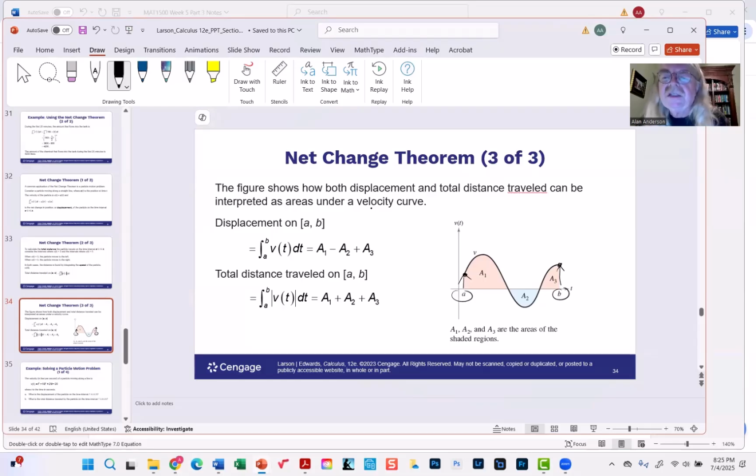Okay, now here it looks like we've gone up just a little bit. So the displacement would be the difference between these 2 points. But the distance is a very different matter. The distance means how far did you travel along this path?